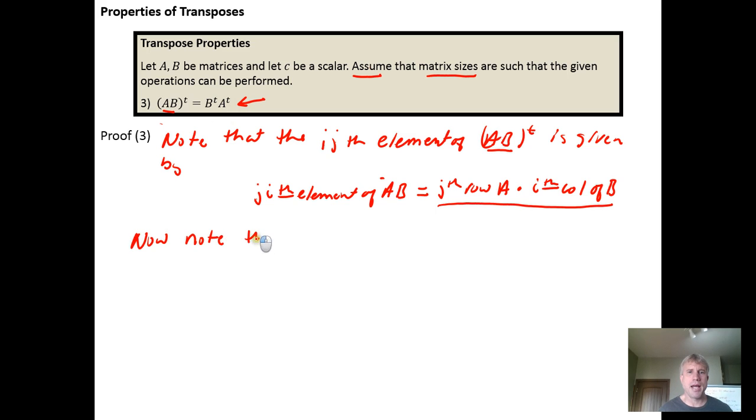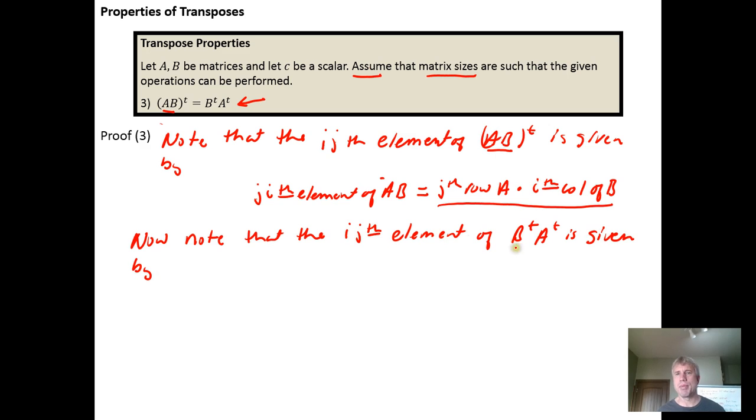So we'll say now, note that the ijth element of B transpose A transpose is given by, what does it look like? Well, we're multiplying B transpose times A transpose.